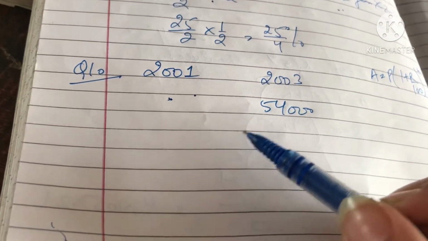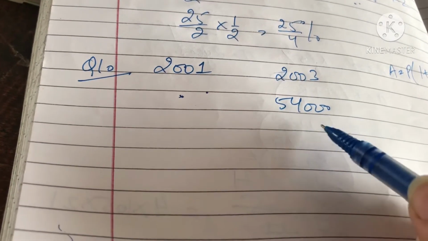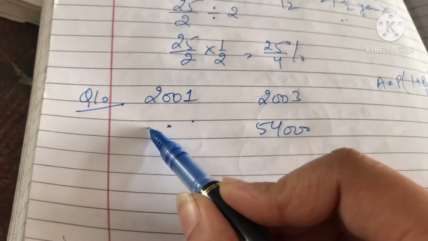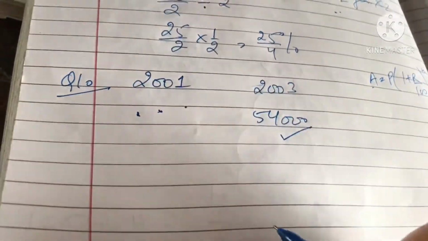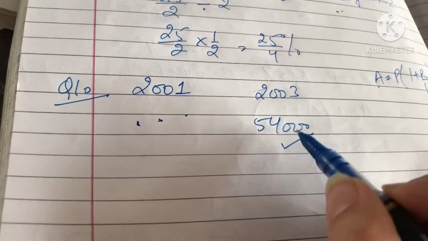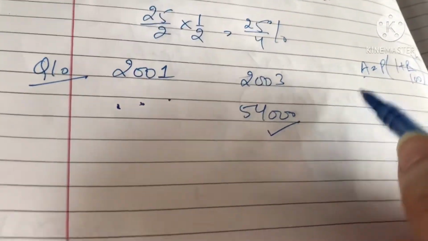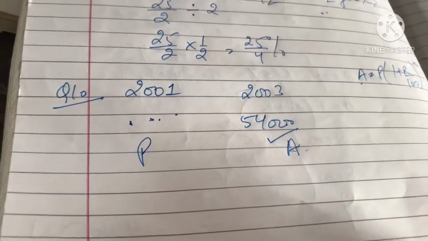Now if the population of 2003 is given and we want 2001, is this the amount or the principal? As the population is growing, not decreasing, this is going to be the amount, and here you have to find out the principal.